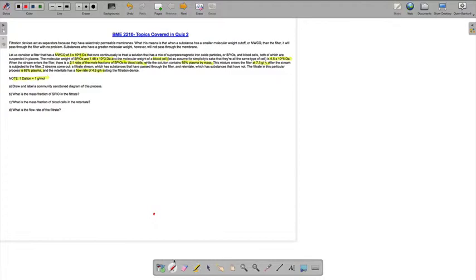So for part A, what we have to do is create a process flow diagram of this process. So let's go ahead and do that. We know that this problem is based off of a separator, so let's draw our separator.